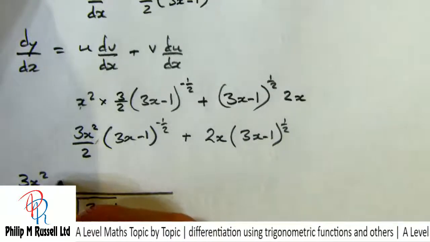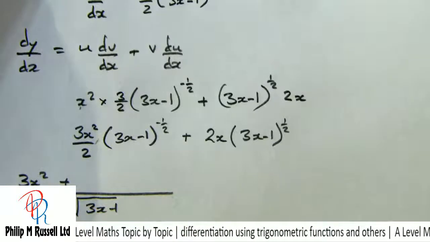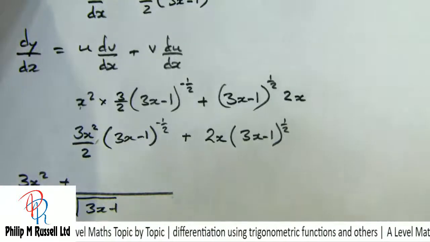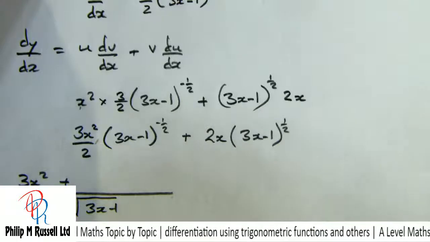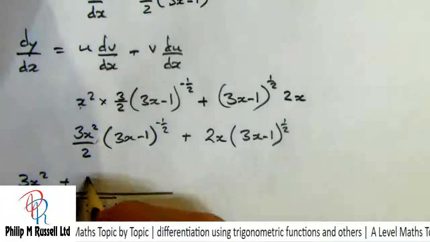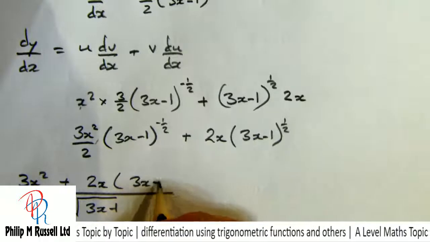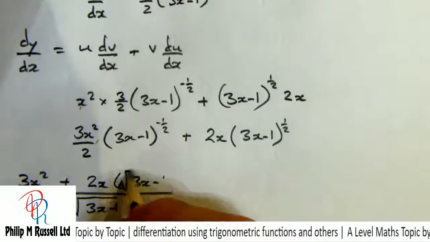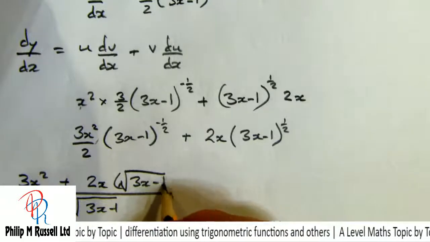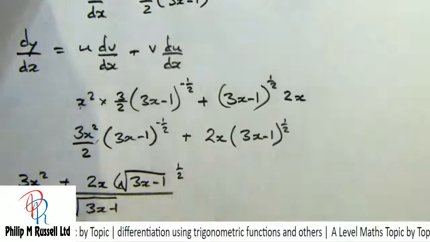Then I've got plus just simply 2x times the square root of 3x minus 1.